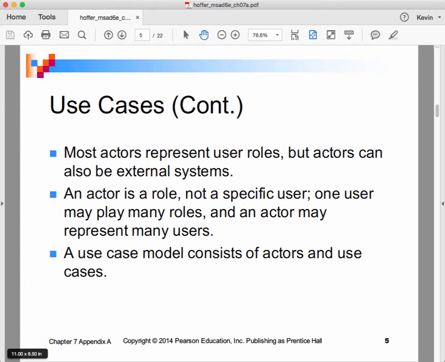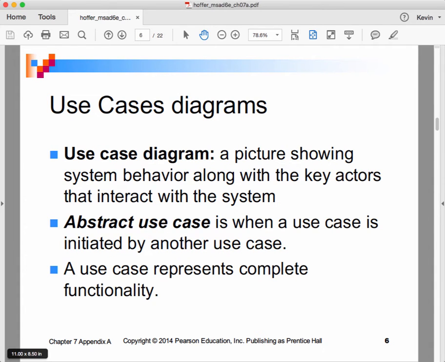And a complete use case model includes also the specifications that accompany the actors and the use cases and the diagrams. Okay, so a use case diagram is a picture showing system behavior along with the key actors that interact with the system. Well, we just saw that before.